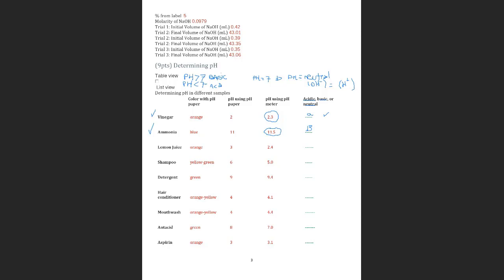How about lemon juice? You look at here, the pH is 2.4. It is lower than 7. Yes, very good.